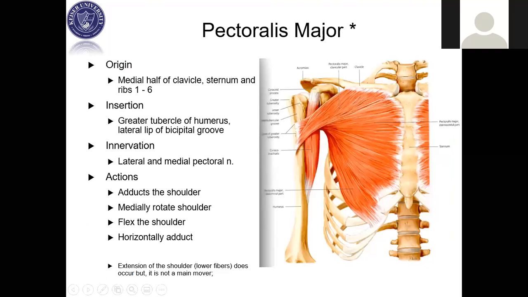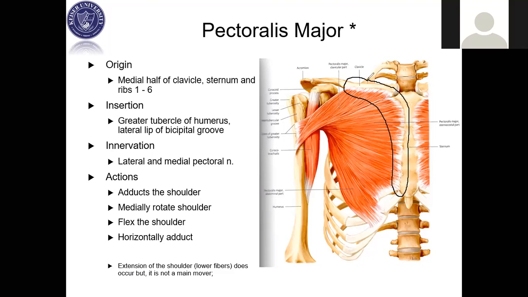All right. So now let's go a little bit more into the upper chest area. The next muscle that you will need to know, and you will need to know everything about this muscle, is pectoralis major. This muscle is very weird in certain ways. The first weird thing is that it has multiple origins.